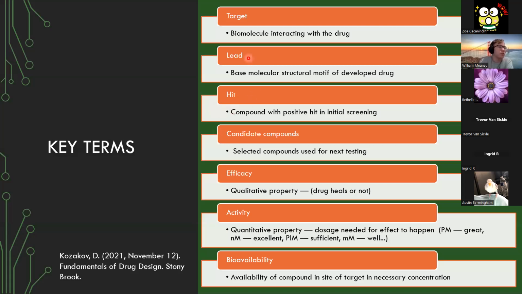There are several key terms I would want to cover. For drug discovery, the target is a biomolecule that interacts with the drug. A lead is considered the base molecular structure motif of a developed drug. It's the most general shape that is then refined and made much better. The hit is a compound found after initial screenings.